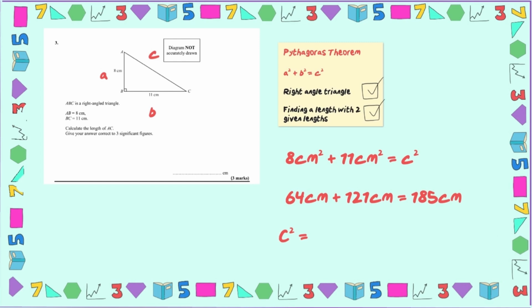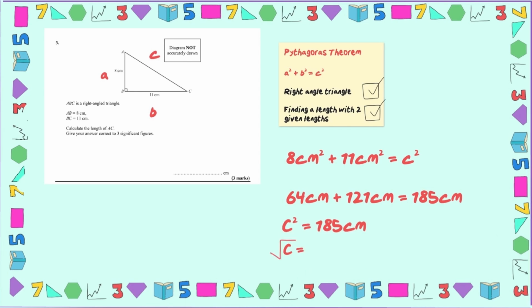Because we've got C squared, we actually need C. So we need to do the square root of 185 just to get our C, because the opposite of squared is square root. So we do square root of C, and when you put this in your calculator, you should get 13.60147 and so on.